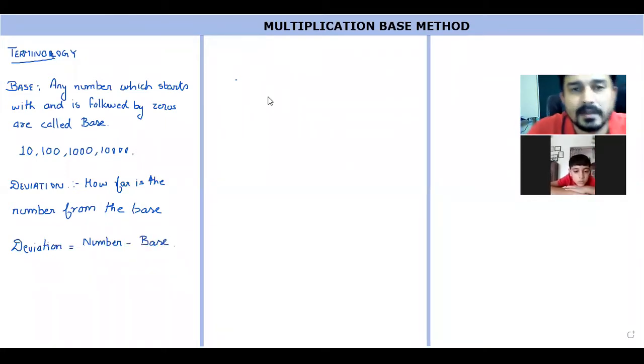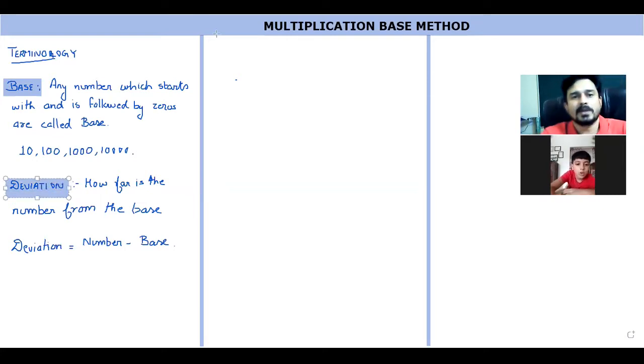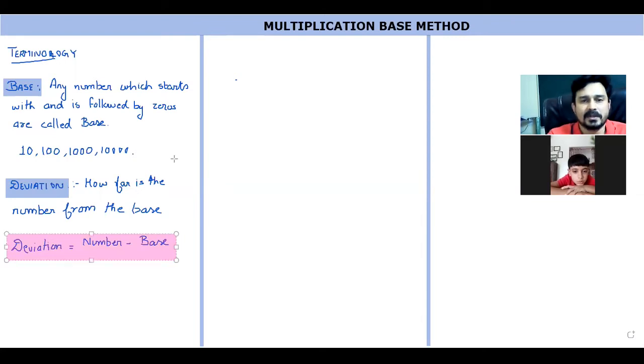So I will be using two terms. First is base and the second is deviation. Bases are the numbers which begin with 1 and are followed by zeros, and deviation is the difference between the number and its base.